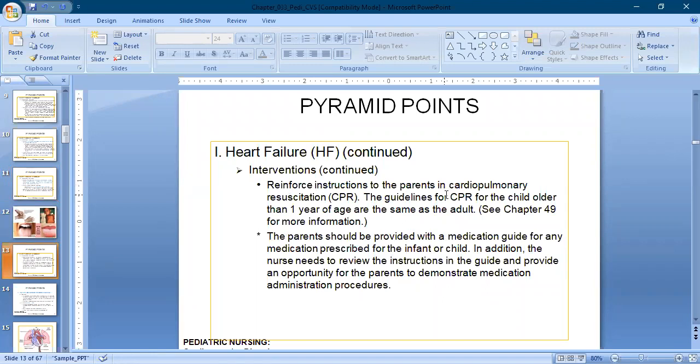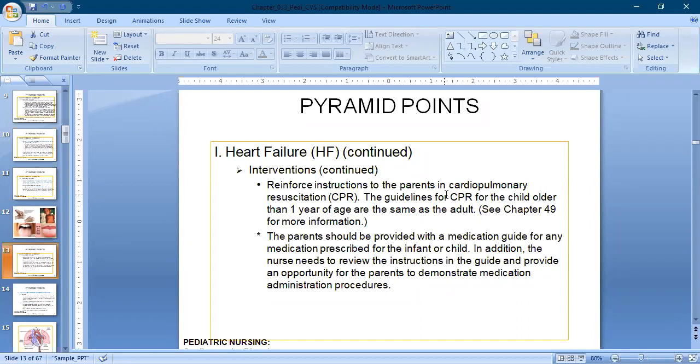So, the question: if you do not get any pulse, if you do not get any heart rate, if you see the eyes are dilated or fixed, we have to start CPR. But adult CPR and infant CPR are not the same.